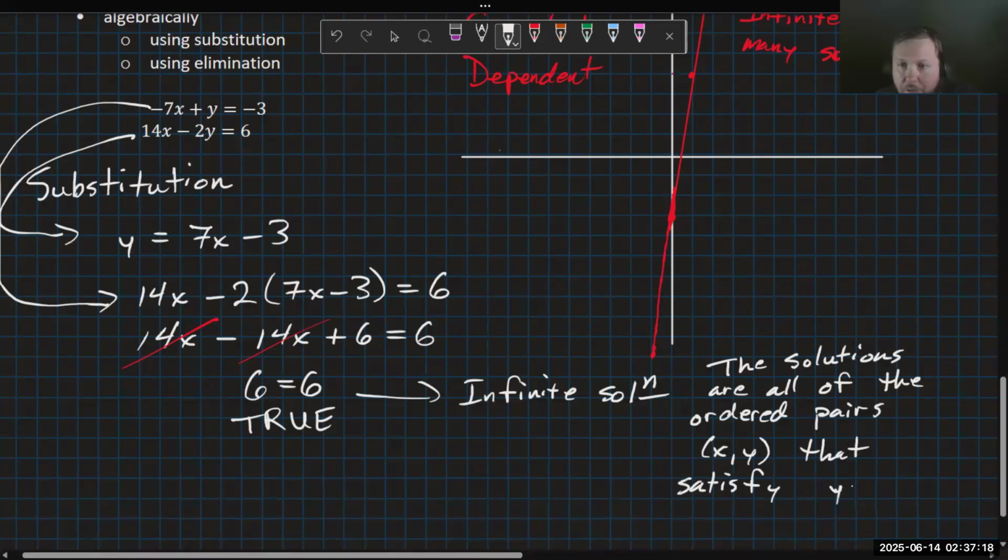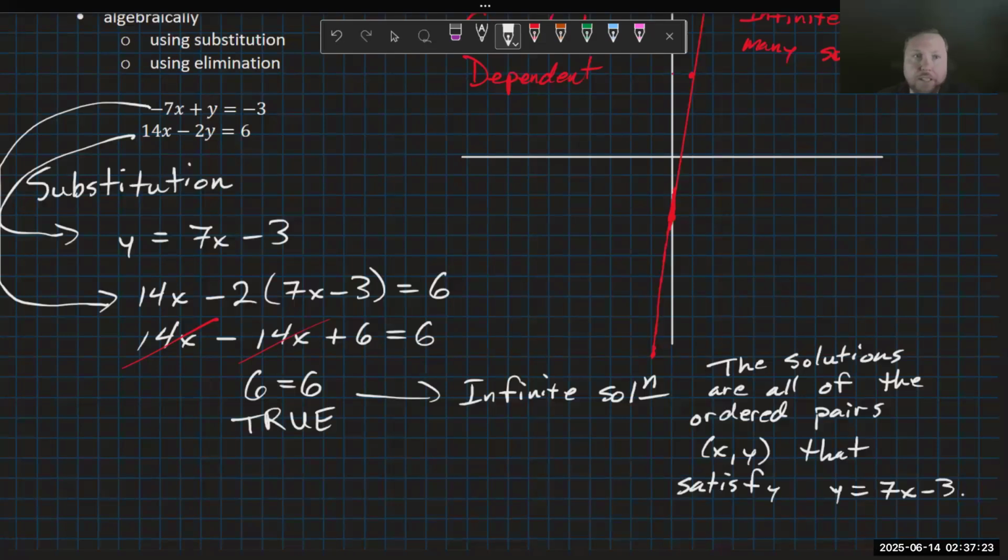You could say y equals 7x minus 3, or you could say 7x plus y equals negative 3. Any version of that equation, you can say. Okay, so that's substitution.